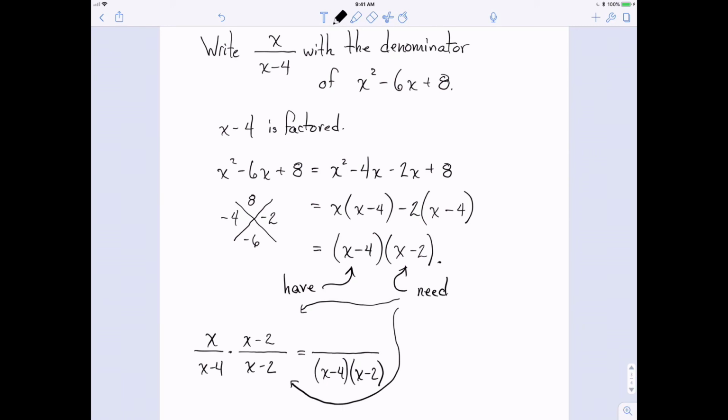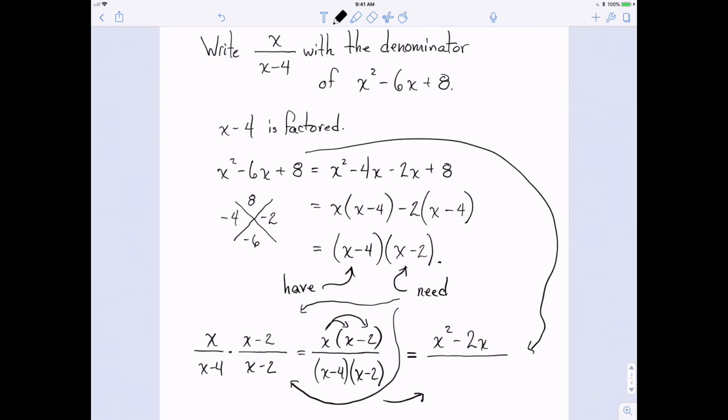So I could just write this as x times x minus 2, or I could go and multiply this through, and I could say x times x is x squared, x times minus 2 is minus 2x. And if you multiply the parentheses out, well, we know the result. The result is where we began. X squared minus 6x plus 8.